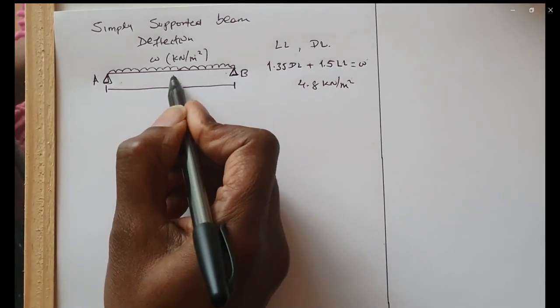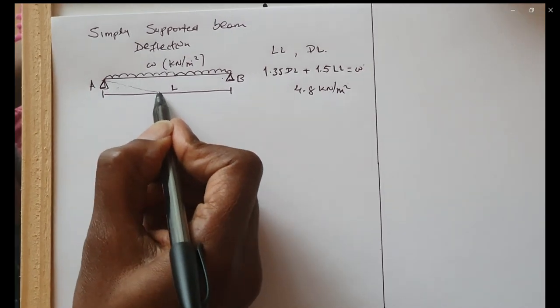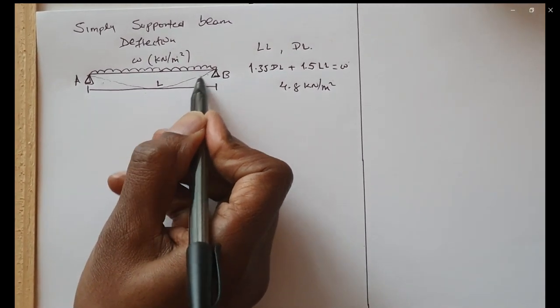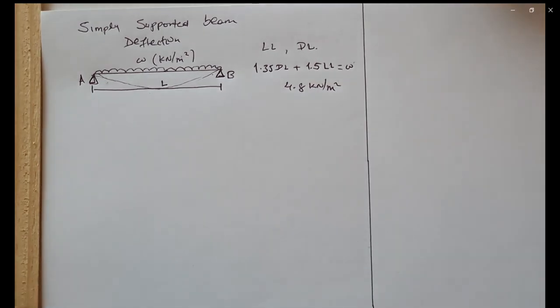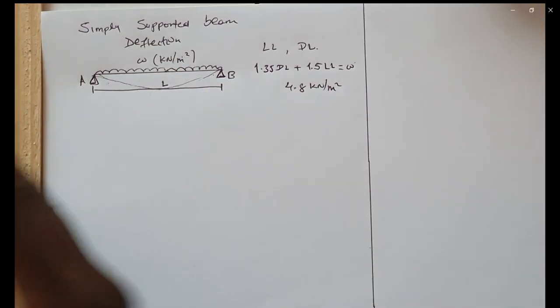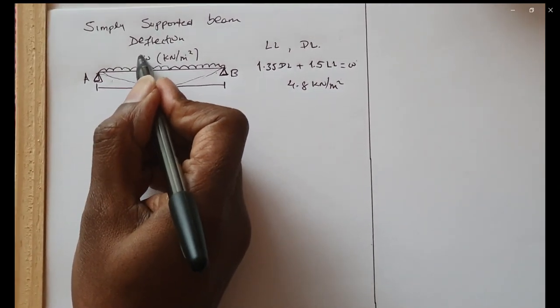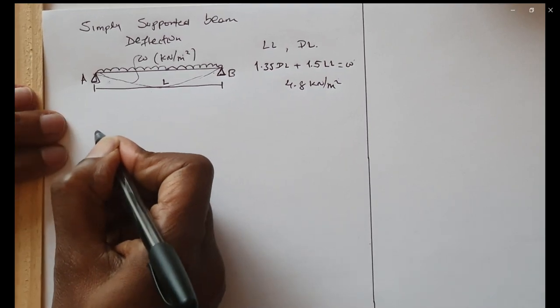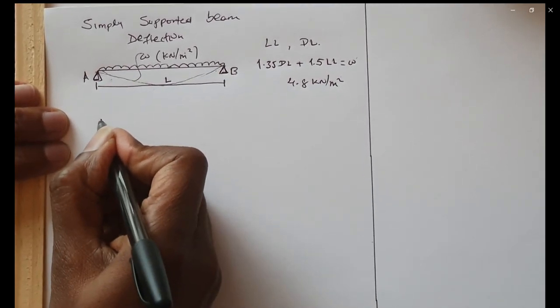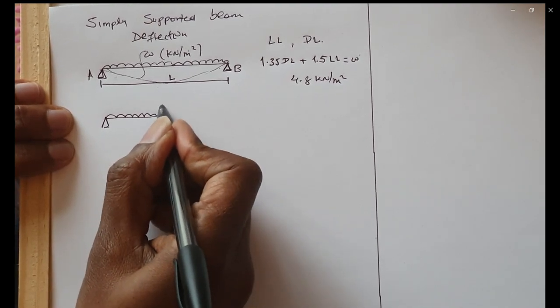Now, if we want to work out the deflection at the center of the beam, we have to calculate the bending moment diagram and then work out the formula. So if we take a cross section at this point, we have A, and the load is here.